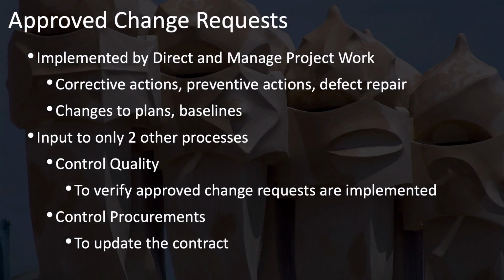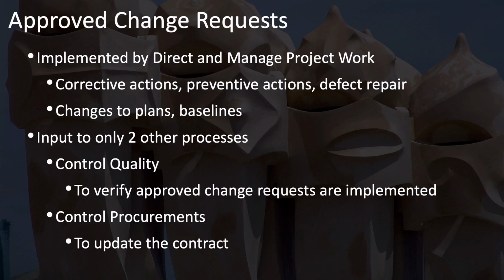Let's take a closer look at this input of approved change requests. This makes sense because doing the project work involves implementing change requests as well. But notice that this is unique in that this is the only process that actually implements your change requests. Your corrective actions, preventive actions, defect repairs, even changes to your plans and baselines are all implemented by your direct and manage project work process.